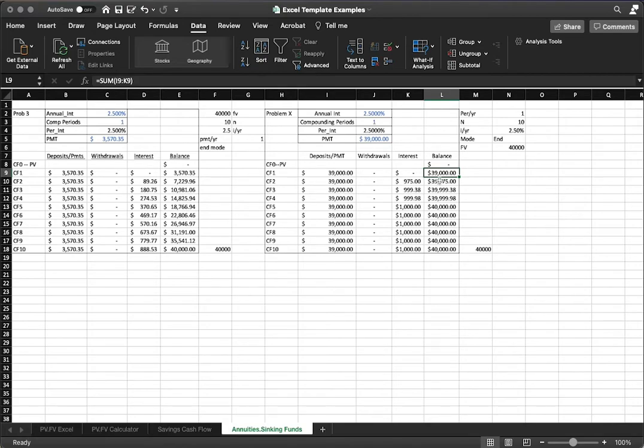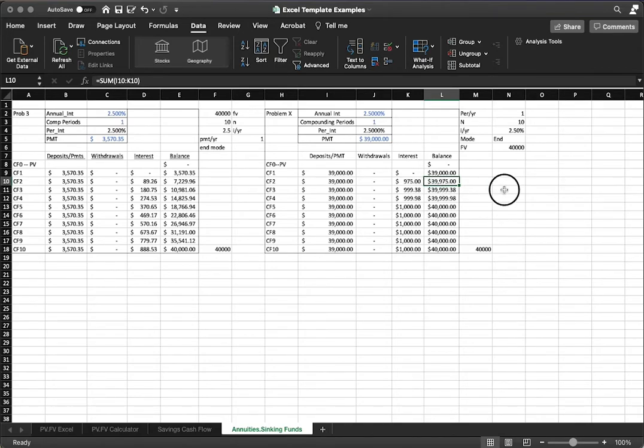Oh, okay. It's probably in this right here. So something in our calculation's off because if there's a $39,000 deposit, that should be being added here. So there's something wrong with our equation for balance here.